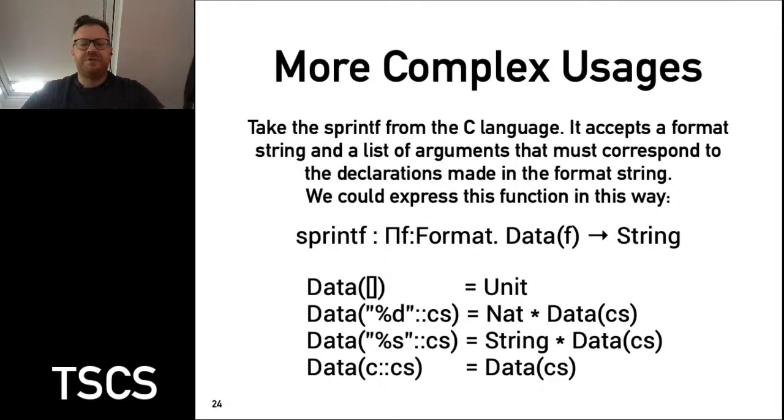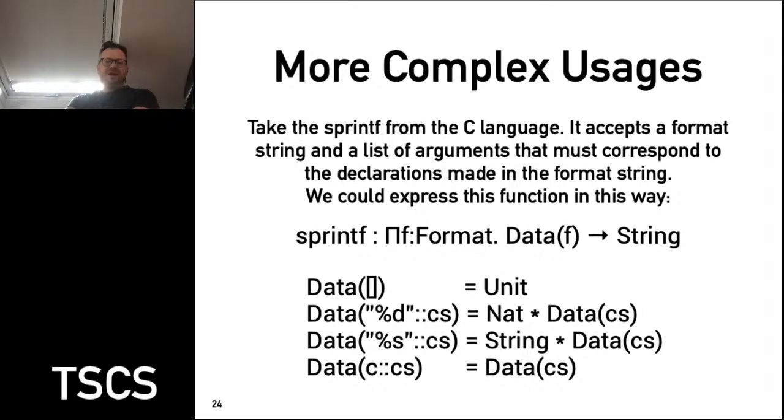Before we do that, before we unify that, let's look at a little bit more complex uses. So whenever you programmed in C, you would probably come to a function called sprintf. That takes a format string and a list of arguments that must correspond to the format string.